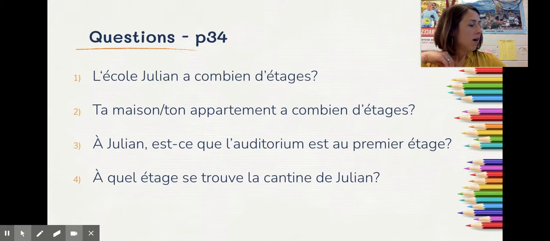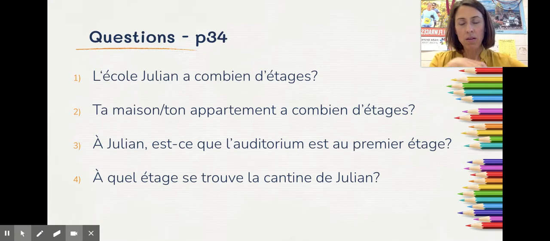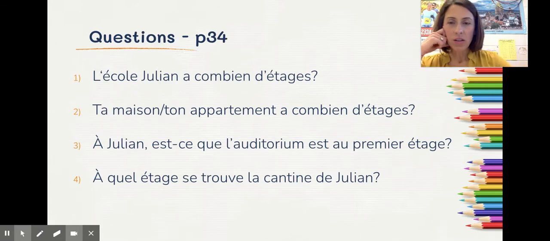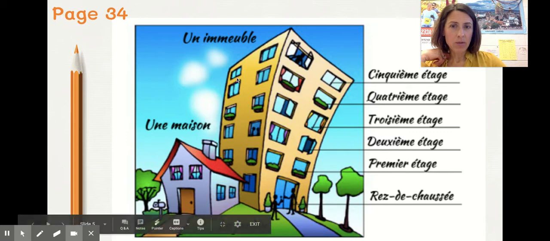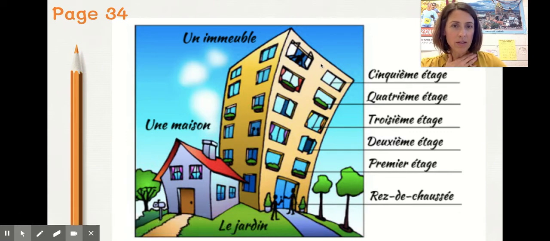So on page 34, there are some questions for you. They're all about Julien. L'école Julien a combien d'étages? Ta maison, ton appartement, a combien d'étages? So for example, if I were to answer that question about this building, I would say, mon immeuble a 5 étages.